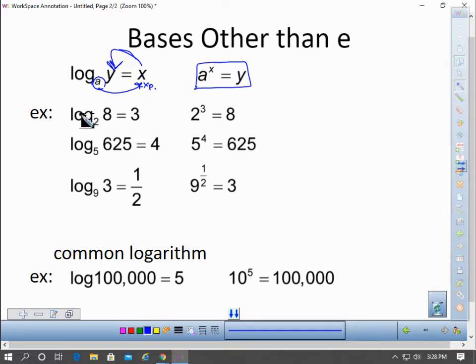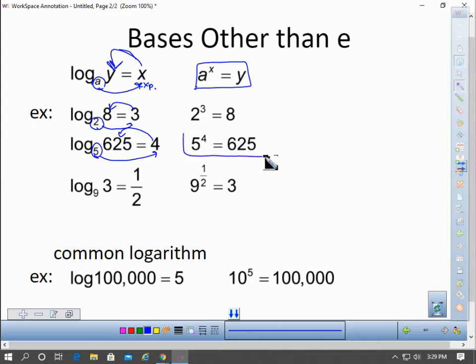So taking this right here, what is the log of 8 in base 2? Well, the answer is 3, because 2 raised to the 3rd power equals 8. All right? Log of 625 in base 5, the answer is 4, because 5 raised to the 4th power equals 625. Okay?